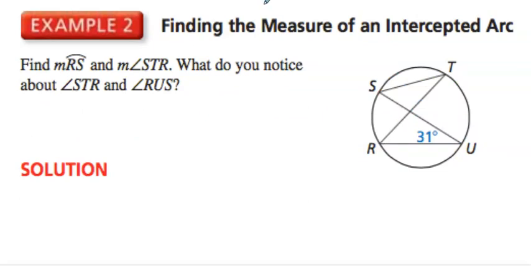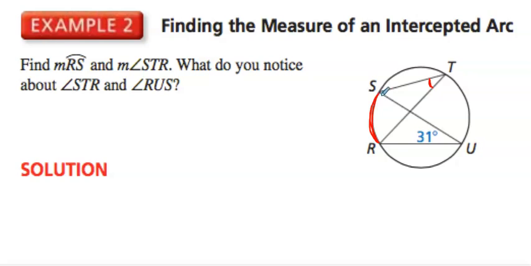Alright, so next example, find the measure of arc RS. Let's put that there in red. So arc RS, cool, we're looking for that one, and the measure of angle STR. So STR is this one right here. So this is the inscribed angle, this is the intercepted arc.